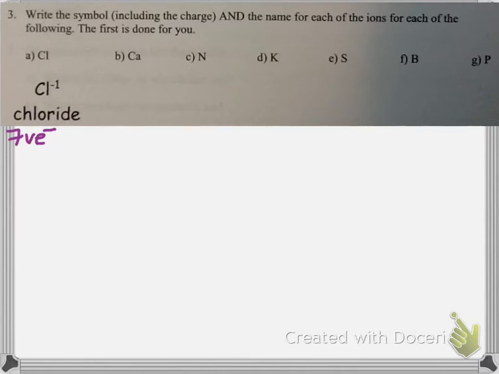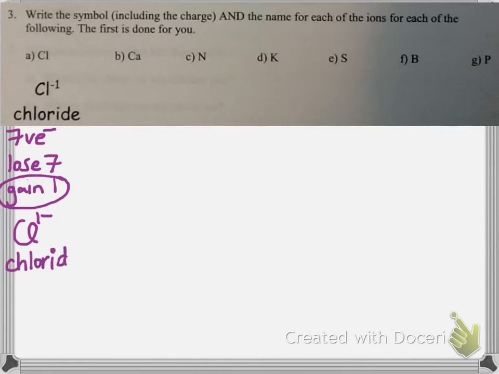So its choices would be to lose those 7 to be like neon, or to gain 1 to be like argon. It's going to do whatever smaller, so it's going to gain 1. So chlorine is going to get a -1 charge. And because it's negatively charged, its name as an ion is chloride.